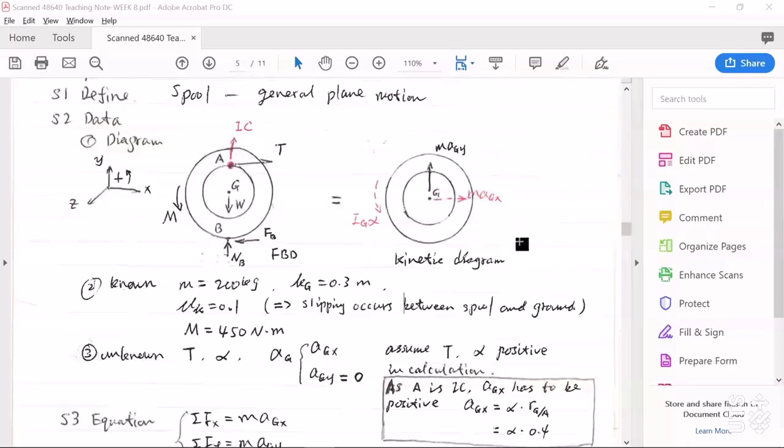We have studied this in week 5 when we studied the rolling problem. We know AGX and alpha, their relationship can be easily determined.